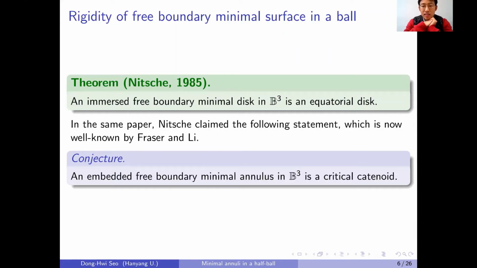And then in the same paper, he wrote that an embedded free boundary minimal annulus in the three-dimensional ball is the critical catenoid. It is still open, and it is well known through Fraser and Li's paper.